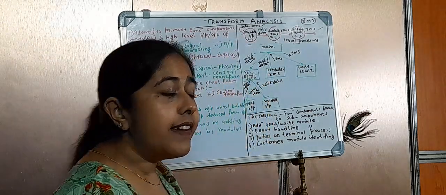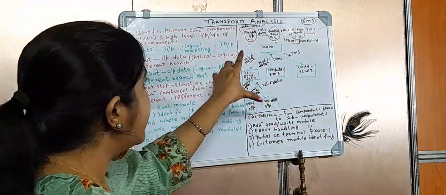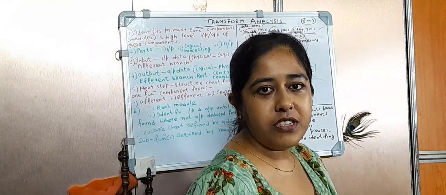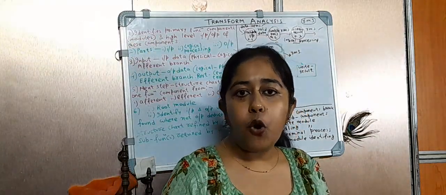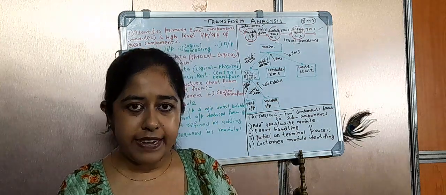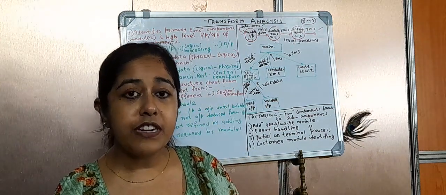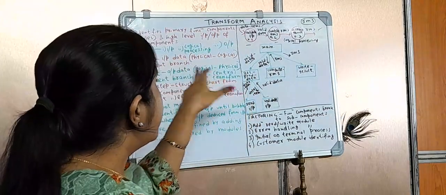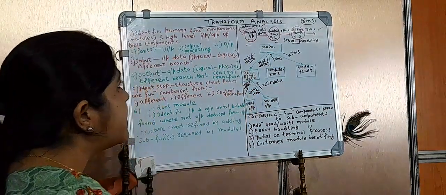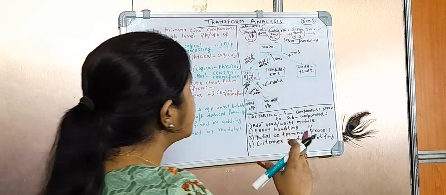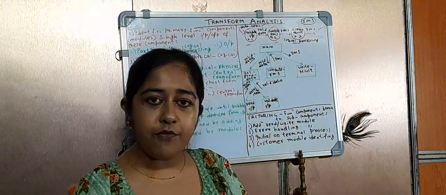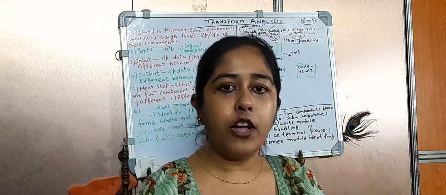Here we have to see the inputs, which in transform analysis are called the afferent branch of our structure chart. Input data here means the transformation of physical to logical. We are just transforming the data from physical to logical.